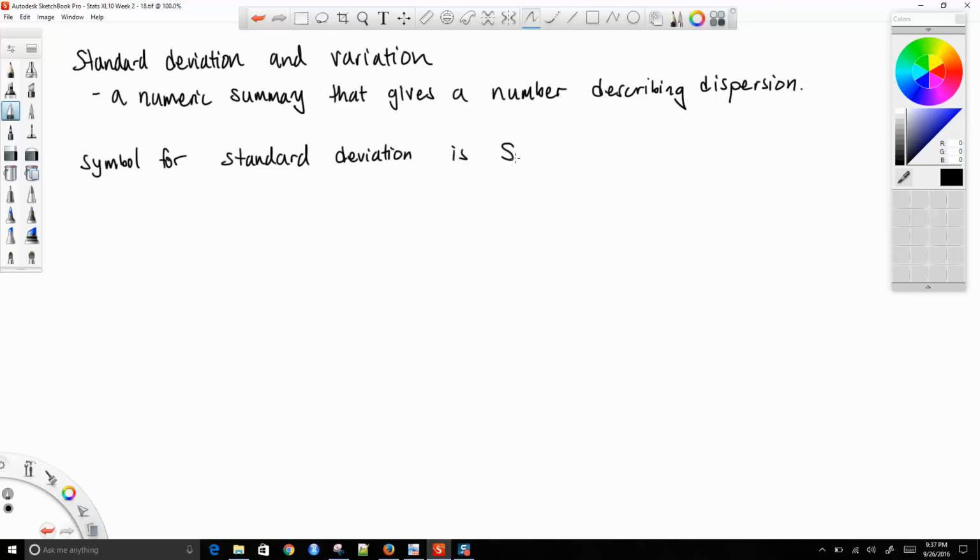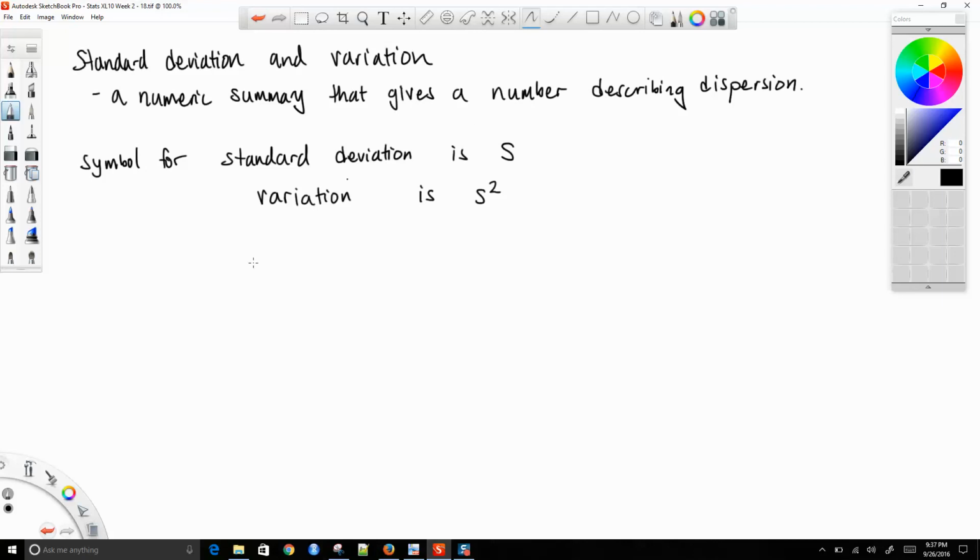Okay, and then for variation, sometimes it's called the variance, is S squared. The standard deviation we can just think of as the square root of the variation, or the square root of the variance. Variation and variance are the same thing.